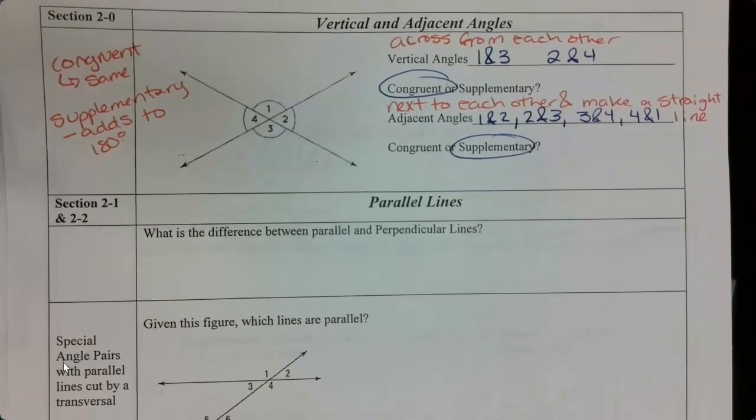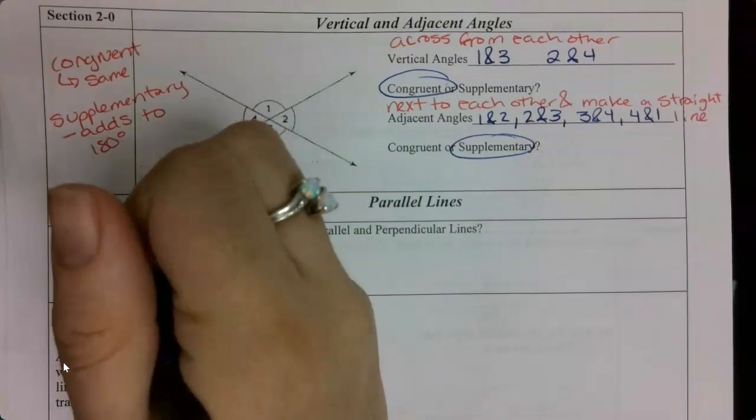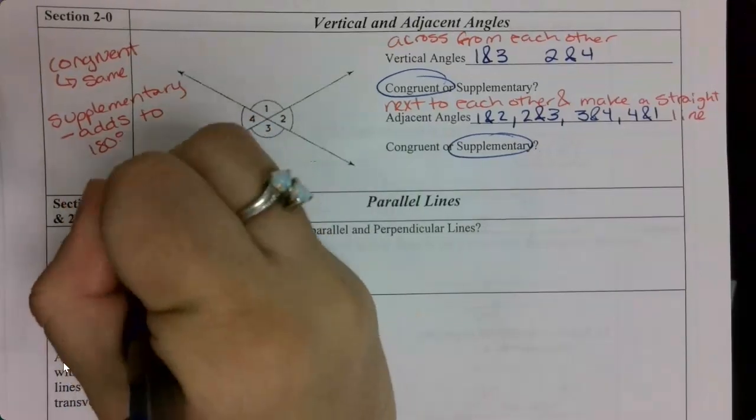Okay, so the next thing we're going to talk about is parallel lines. This question is asking what's the difference between parallel and perpendicular lines. So remember, parallel lines have the same slope and never cross.